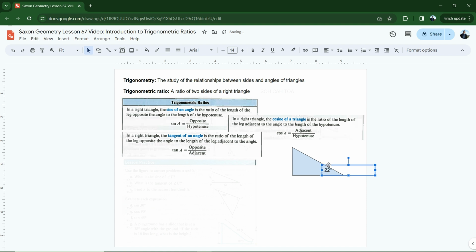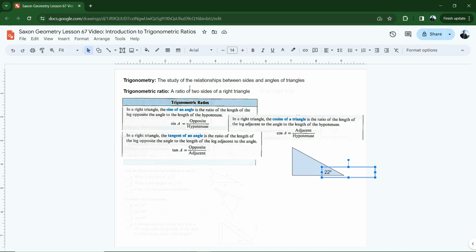Now, if I know it has a 22-degree angle, I know that this is going to be a 90-degree angle because it's a right triangle. This has to be 68 degrees, but I don't concern myself with that. I only use the angle measure that's given when I figure out sine, cosine, and tangent. Okay, if I'm given 22 degrees, I'm using 22 degrees. I'm not going to worry about finding the complement.